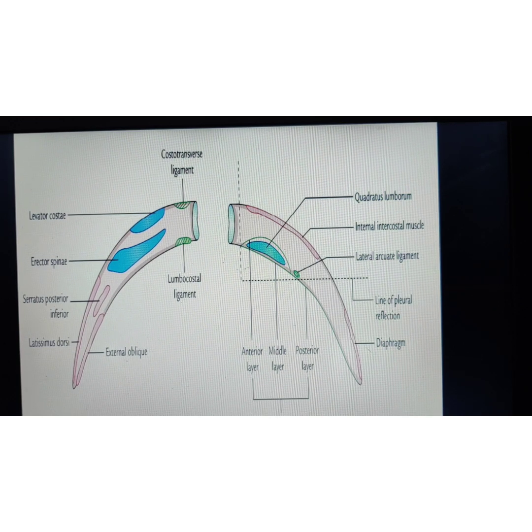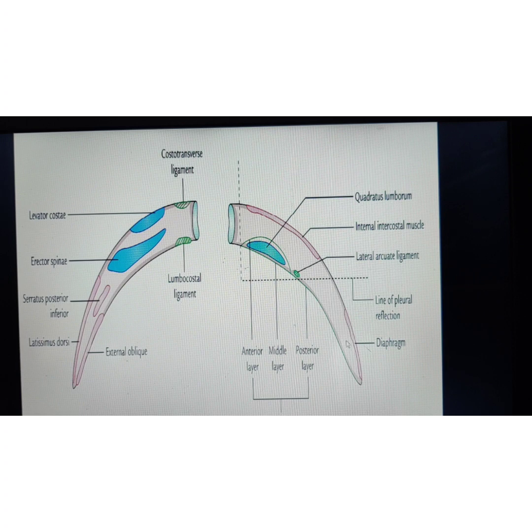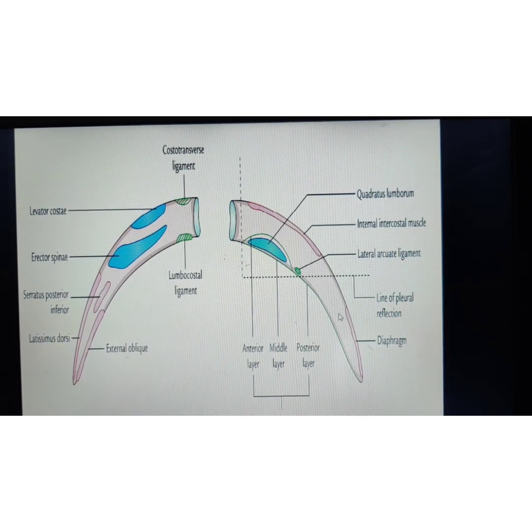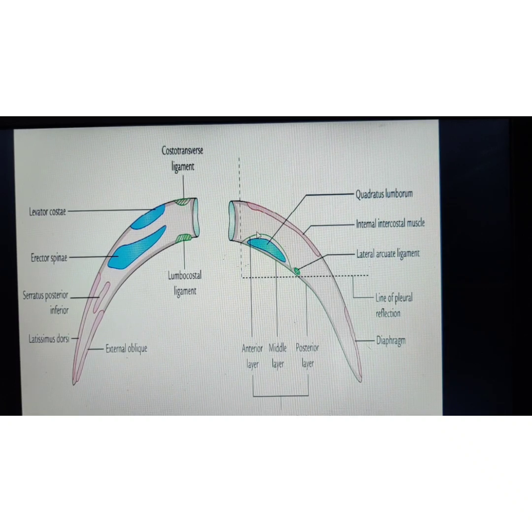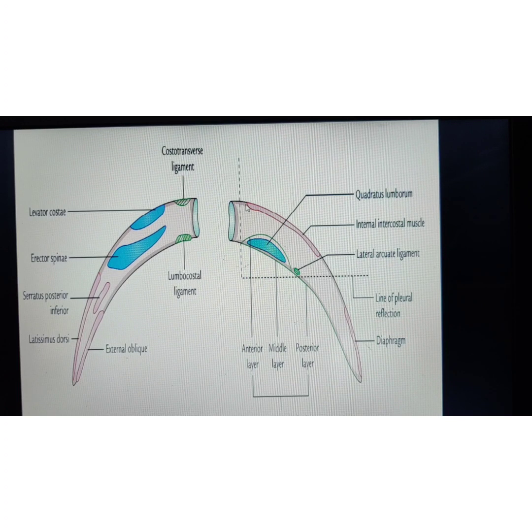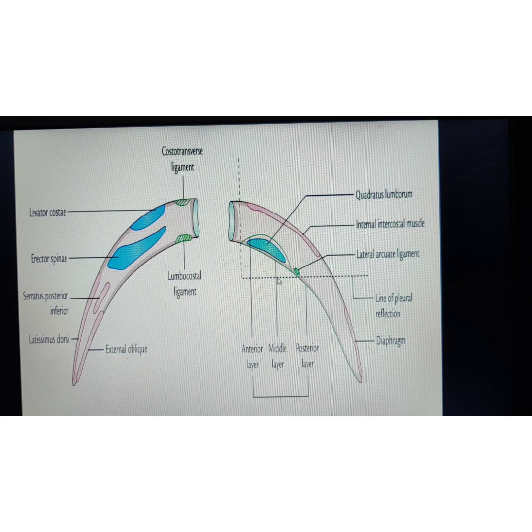The lateral part of the anterior surface gives attachment to the diaphragm, and the area above the quadratus lumborum on the anterior surface is in contact with the pleura and especially with the costodiaphragmatic recess.